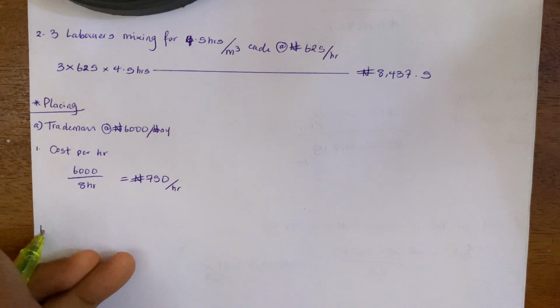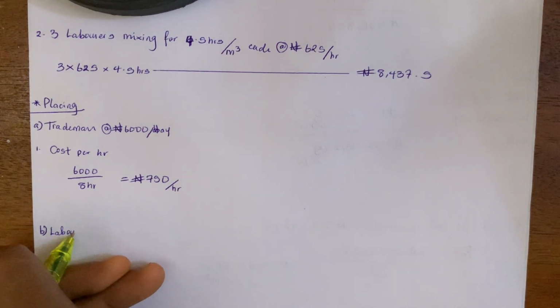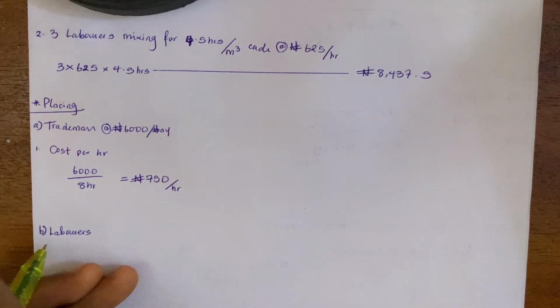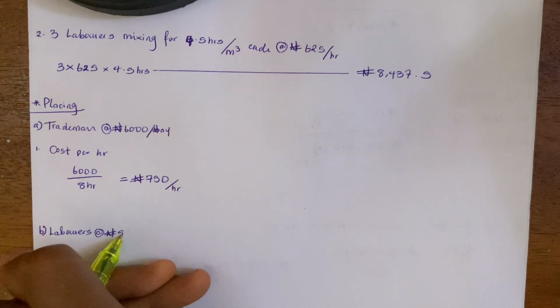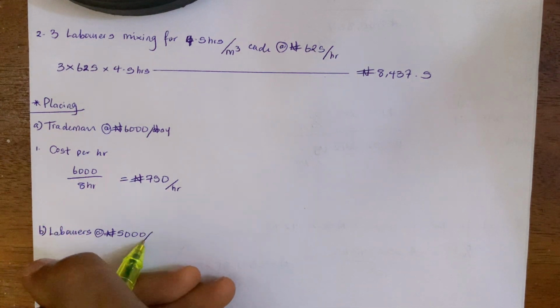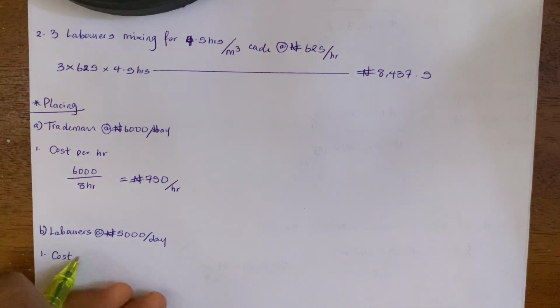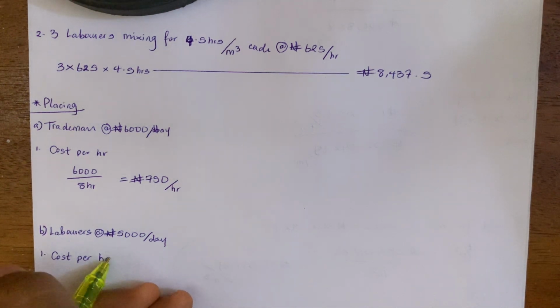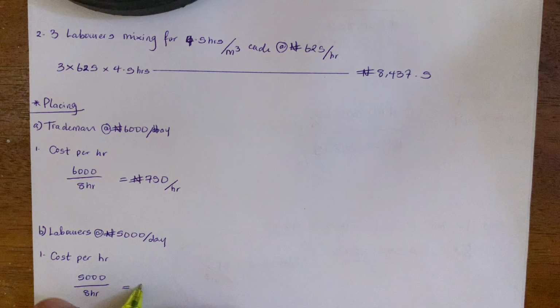So we'll now do the same thing for the laborers. We can now say the cost per hour for the laborers will become 5,000 naira divided by 8 working hours, and that will give me 625 naira per hour.